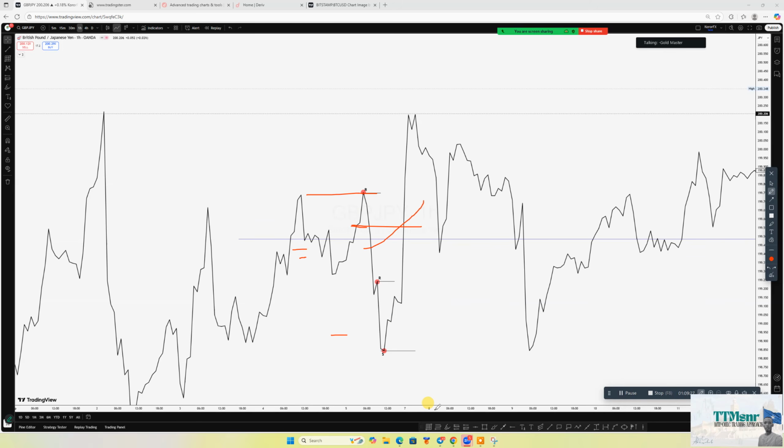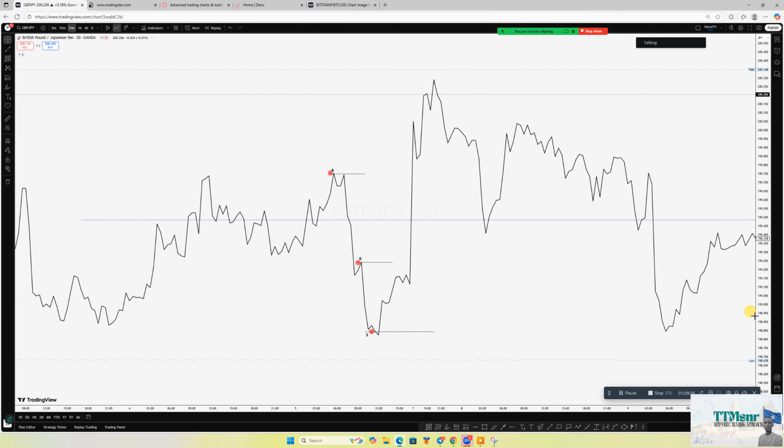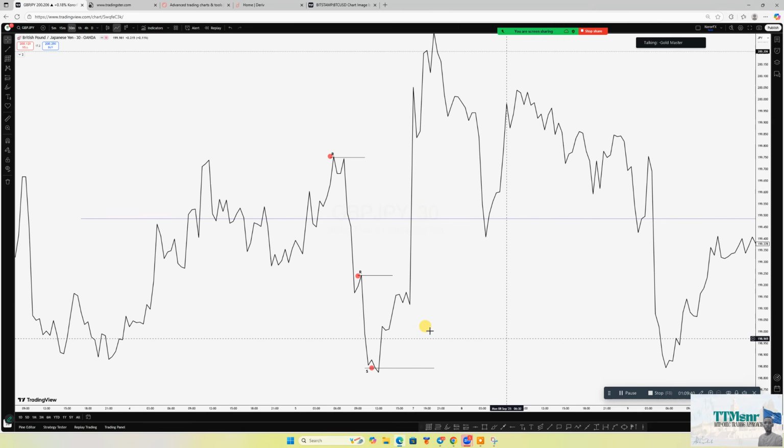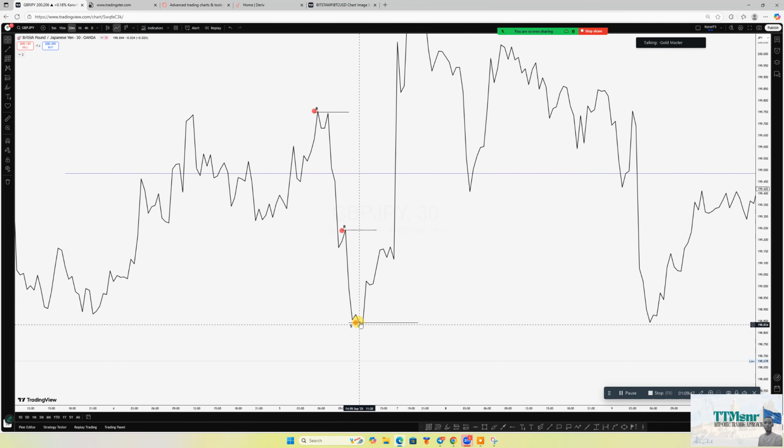So when I see something like this, I go lower time frame and I look for clear break zones below the level. So now you guys can see, before the market started breaking out, this is the clear zone where the market wants to come back.